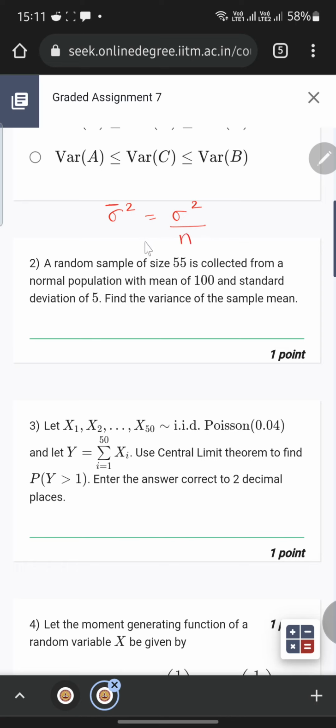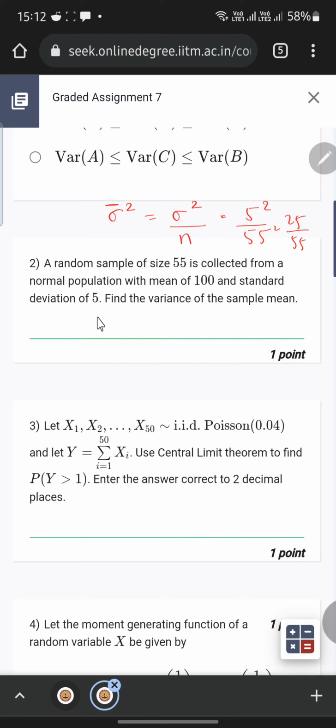This is the formula we will be using. Standard deviation is 5, so sigma square would be 5 square, and n is 55, so we get 25 by 55, which simplifies to 5 by 11.